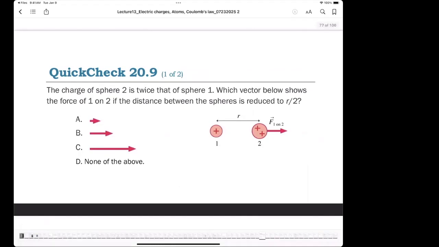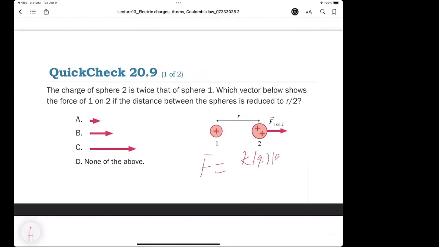F equals K Q1 Q2 divided by R squared, and you can see the charge is the same, and only the distance is reduced to r divided by 2, which means the force will become four times the original.